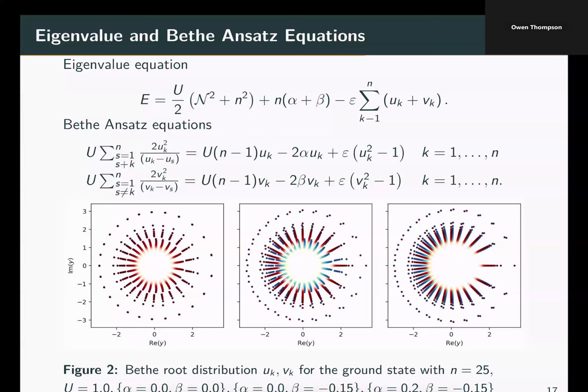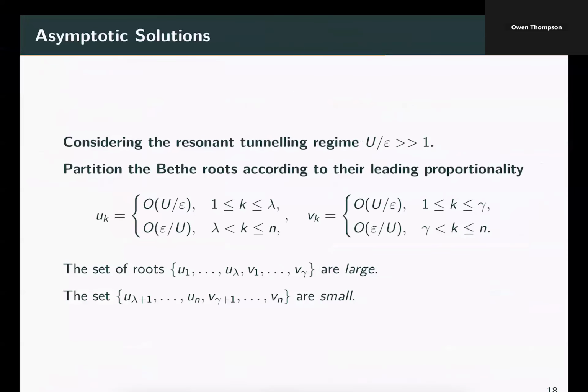If we take a look at the eigenvalue equation, you notice that it's in terms of the sum of the roots. So we'd like to find a closed form expression for the sum of those roots. We work in a regime where the tunneling strength is much smaller than the on-site interaction. Then we can partition our roots into roots that are large, so U is much larger than epsilon, and roots that are small, of order epsilon.